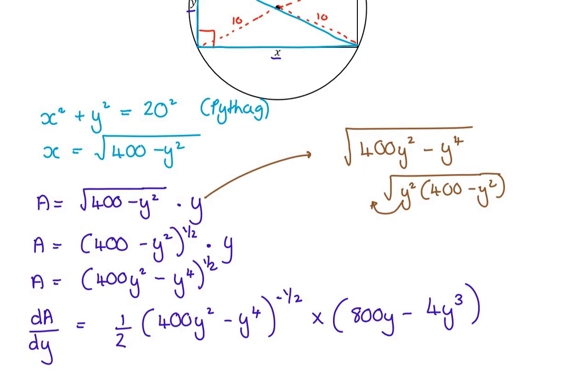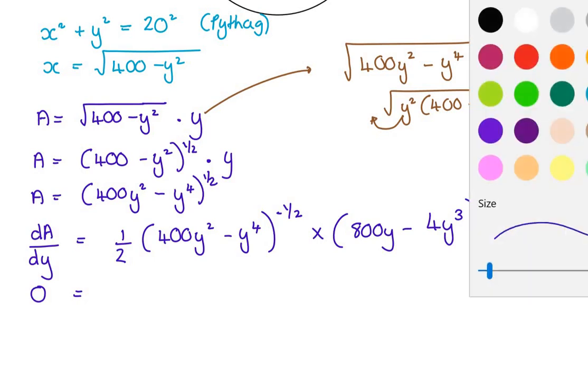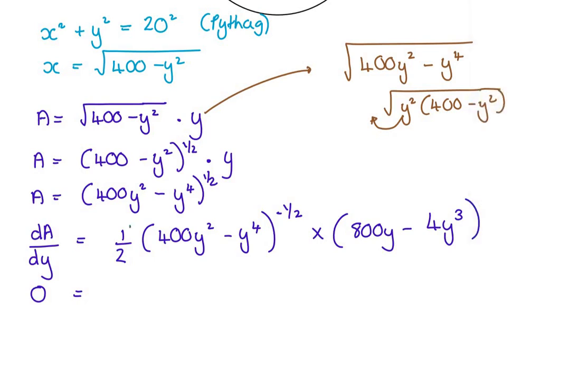So let's just quickly check that. Bring down the half, leave the inside alone, subtract 1, multiply by the derivative of the inside. Very importantly, explicitly show that that's equal to 0. This is all a product, so I suppose it might be a good idea to say, can't I halve the 800 and halve the 4, because it's a half of 800?